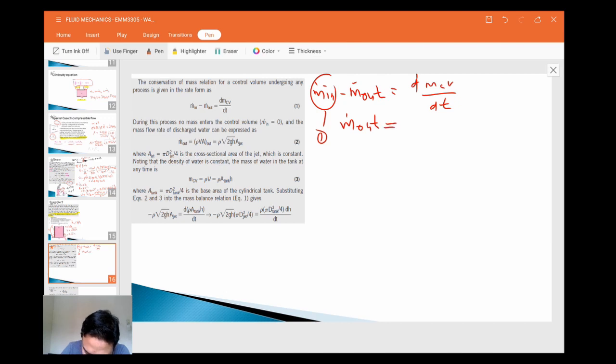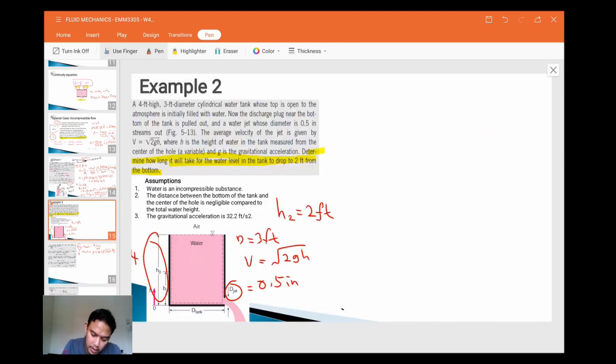So M dot out is equal to rho VA, where V is square root of 2 GH, times A, which is the jet outlet area.